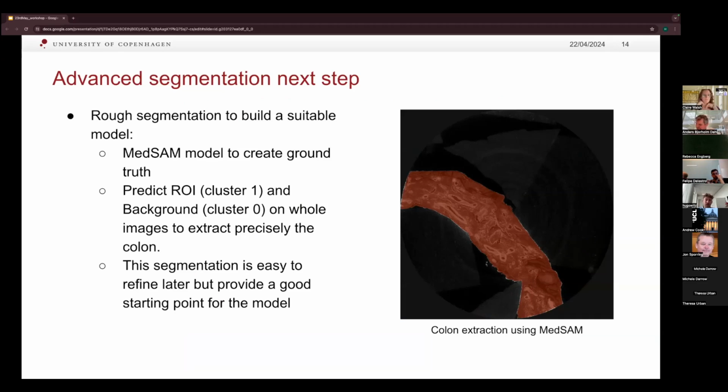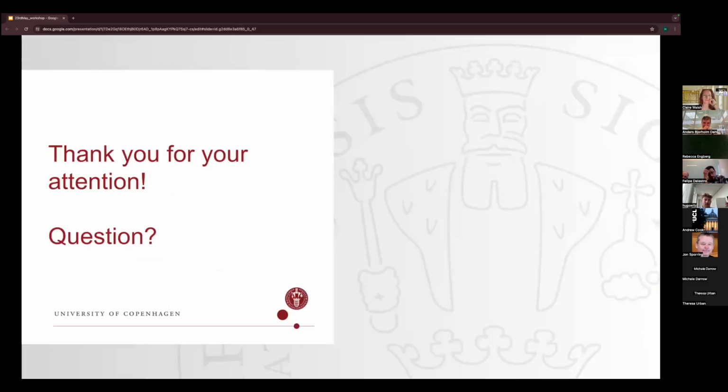Later, it will be easier to refine the model when we have more refined segmentation for more images. We really need these steps because they will allow us to isolate and analyze the vessel density. That's all for me. Thank you for your attention, and if you have any questions, I'll be happy to answer them.